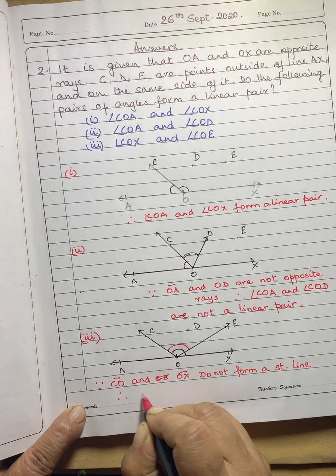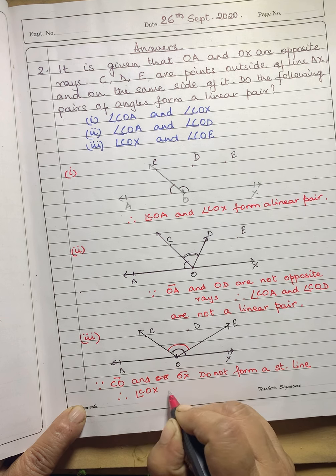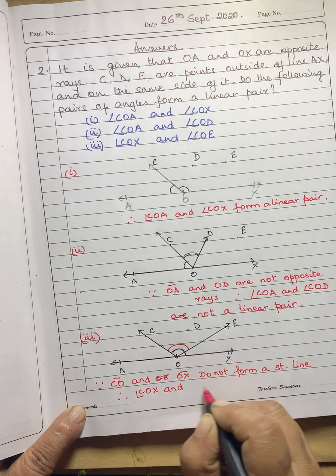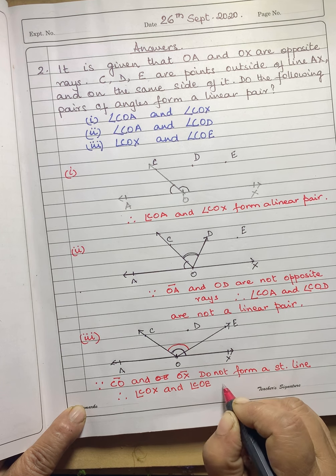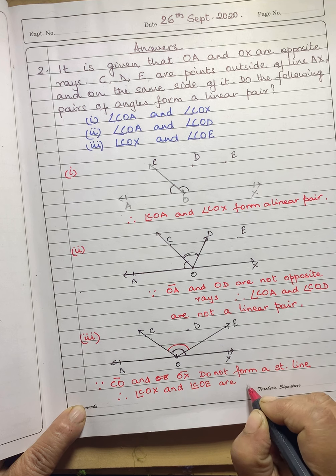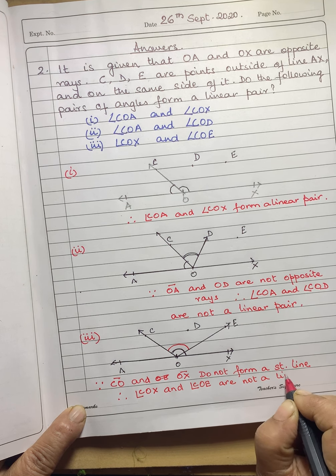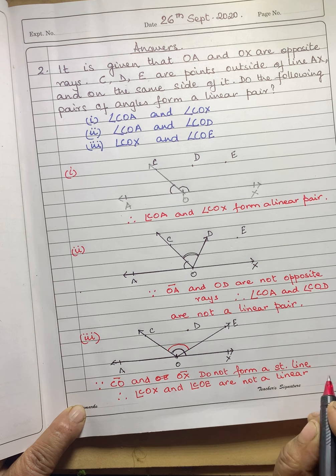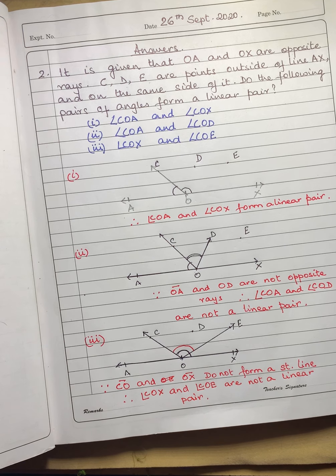Therefore, angle COX and angle COE are not a linear pair.